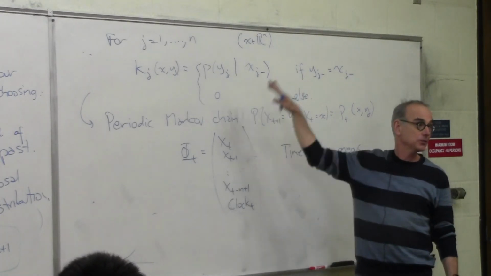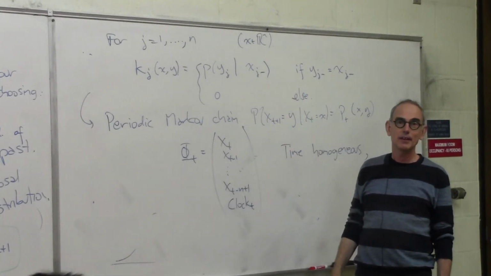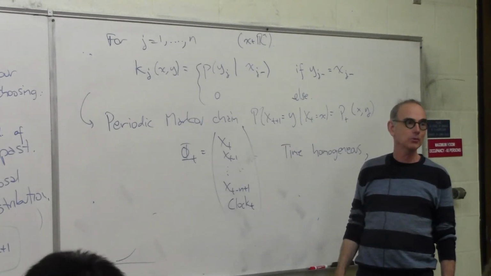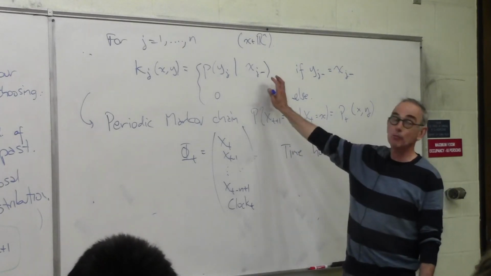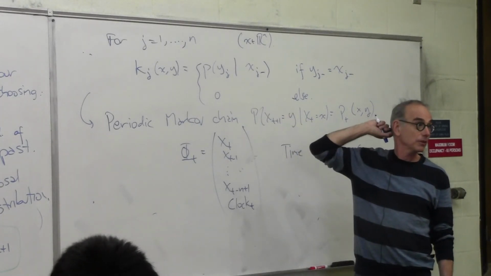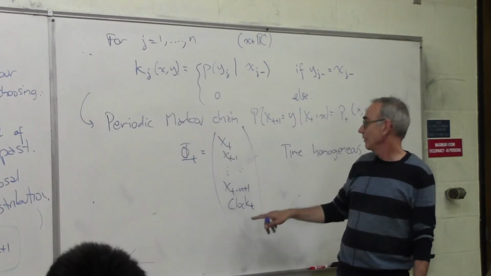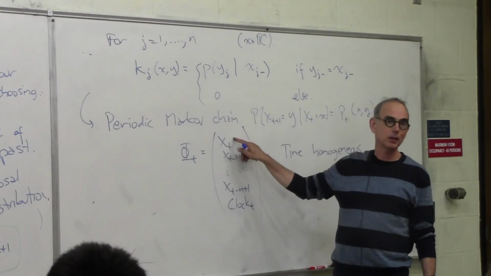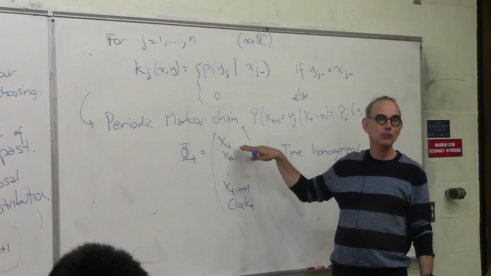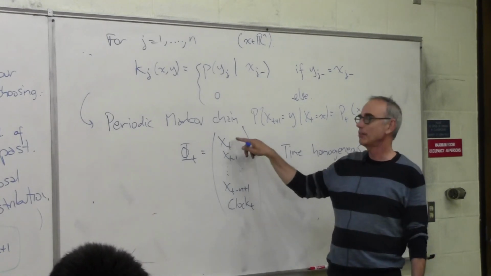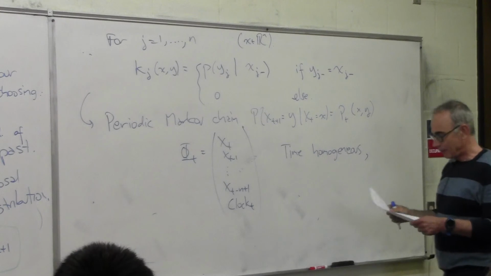So this whole big monster is actually a process generated by the Hastings-Metropolis algorithm with a very, very special proposal distribution, which depends on the clock, and then the clock is j. You look at the jth entry of the top guy, because you can't change the past. I'm going to look at the xt to xt plus 1.